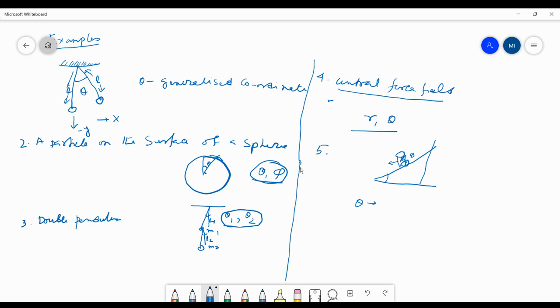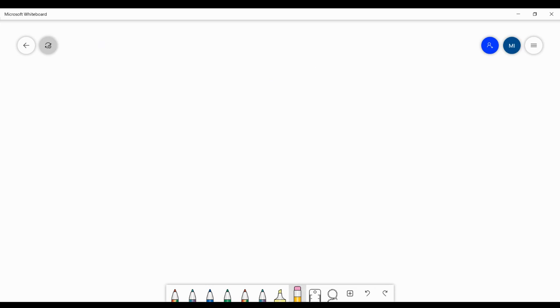Number two, the coordinates have to be independent of each other. If any coordinate system fulfills these requirements, then we call it generalized coordinates.